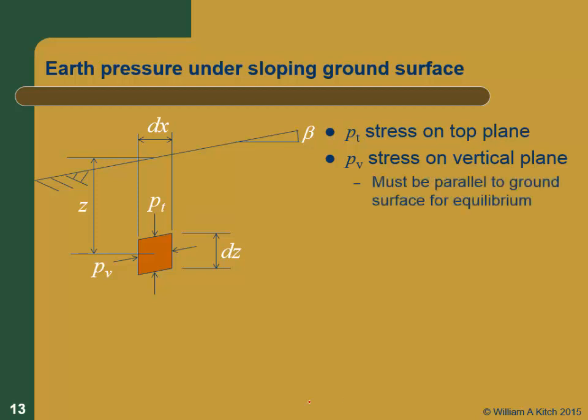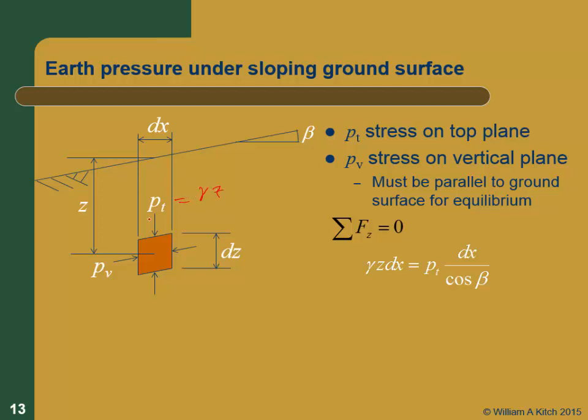Here we go. So the PV must be parallel to the vertical plane. And we're going to sum forces in the z direction equal to 0. So gamma z times dz, right? The stress at this point is still going to be equal to gamma z, right?